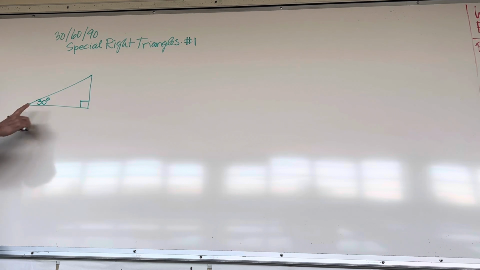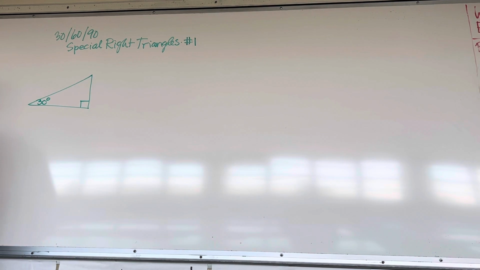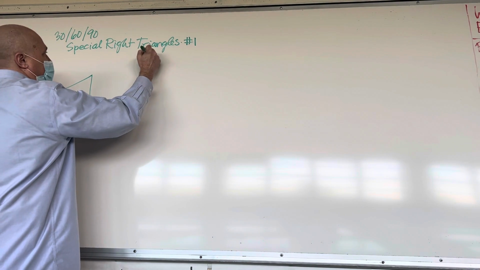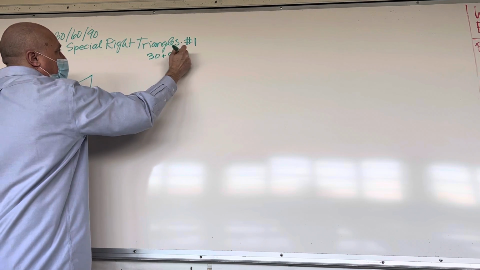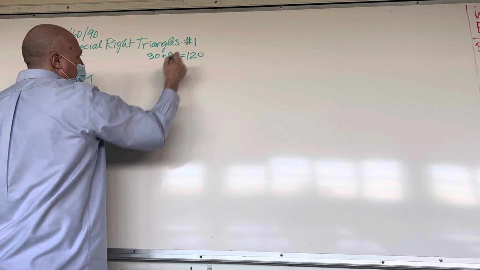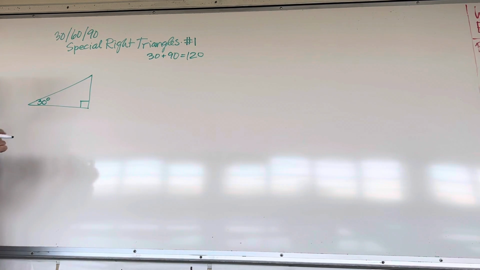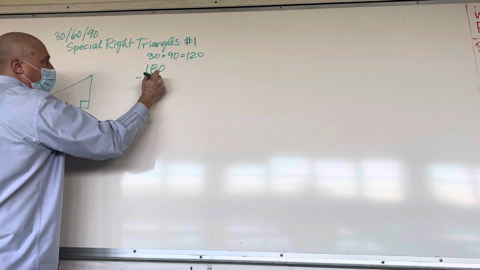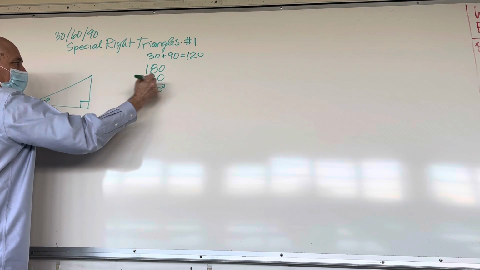Because the 30 and the 90, what's 30 plus 90? 120, right? We know that all 3 angles of the triangle are 180, so we have 180 minus the 120, what do you get? 60 degrees.